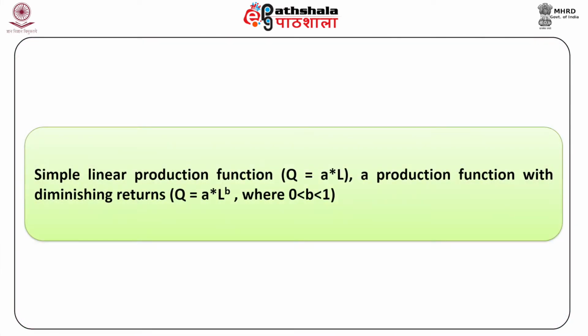We specified some functional forms of production functions in the previous module, such as a simple linear production function, which is Q = A × L, and a production function with diminishing returns, that is Q = A × L^B, where 0 < B < 1, etc. Firm level data on production, that is Q, and on the units of variable factor, that is L, employed as given in table 1 above, can be used to estimate a production function using the ordinary least squares, which is also known as the OLS regression model.